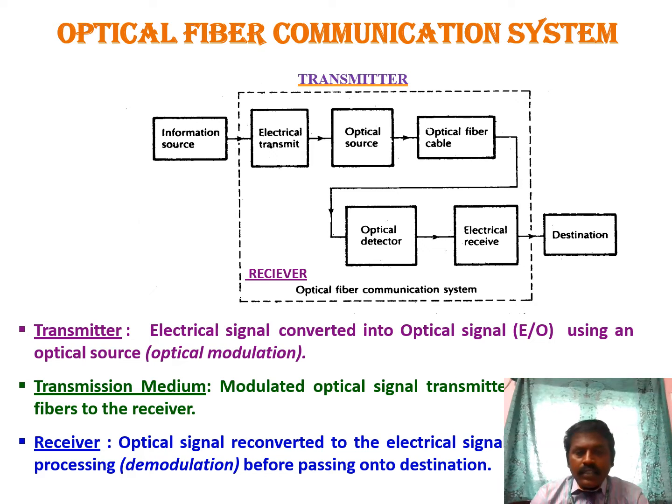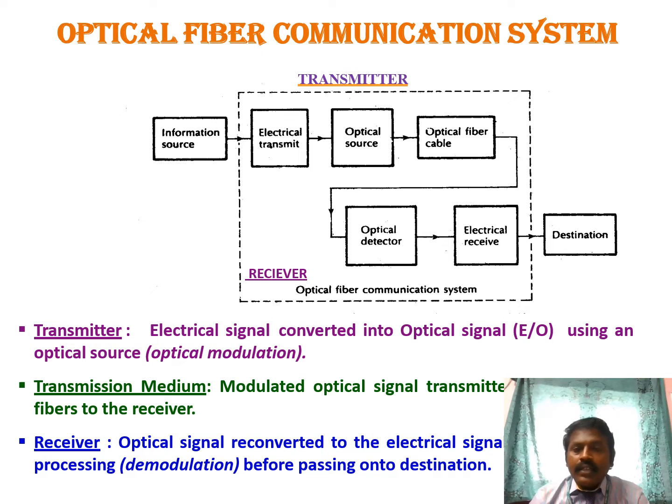After getting the information from the information source, it is given to the optical source, converting electrical into optical. The optical source emits an optical signal, which is forwarded to the optical detector through the optical fiber cable. So the optical fiber cable acts as the medium.